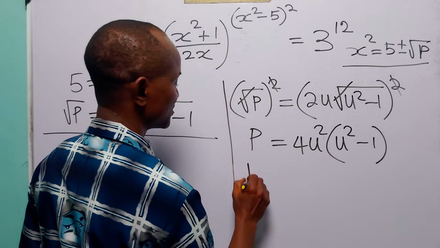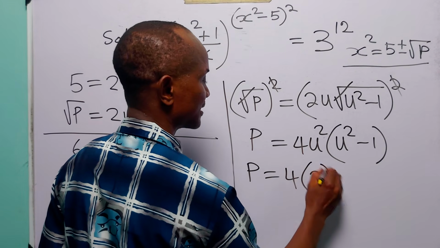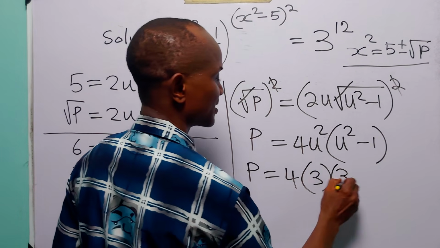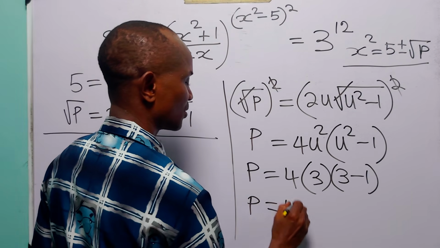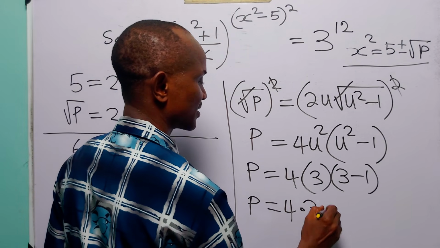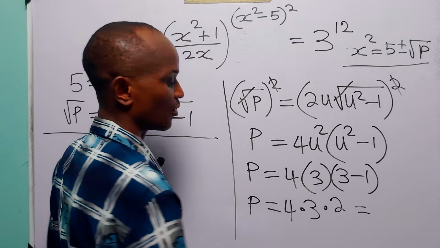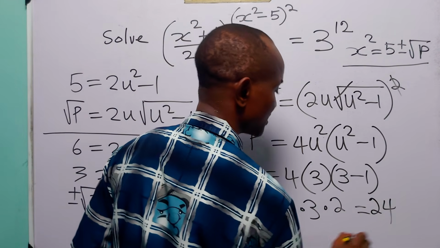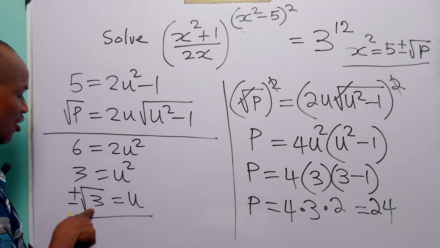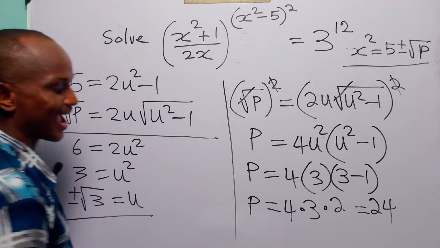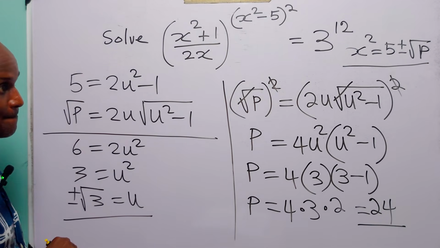When we substitute into this equation, we have that p is equal to 4 times 3 times 2. 4 times 3 is 12, times 2, 24. So we have that u is equal to plus or minus root 3, and p is equal to 24.